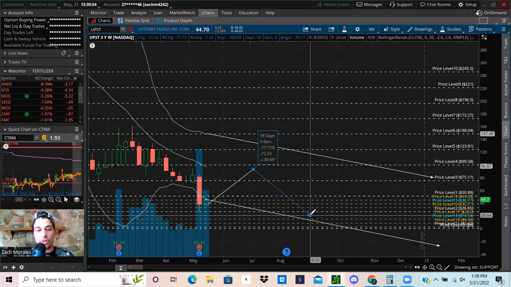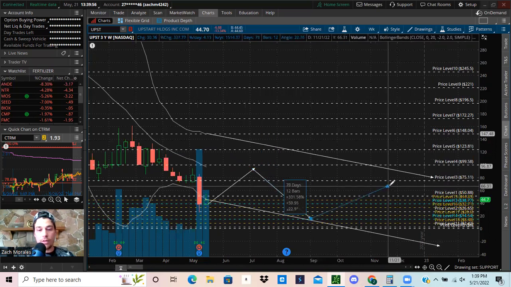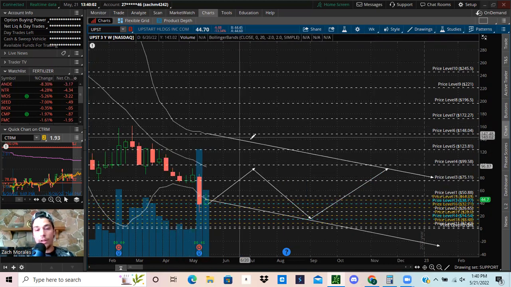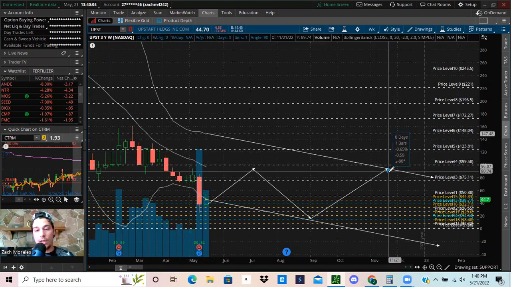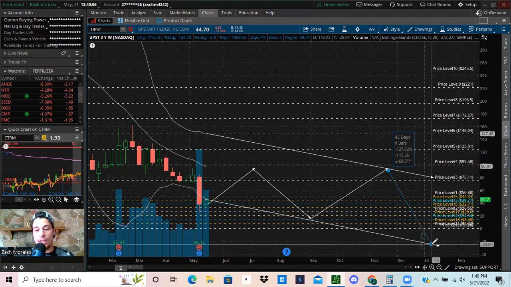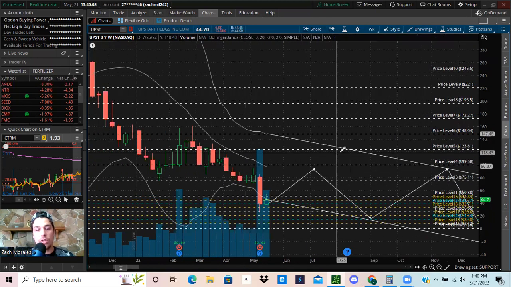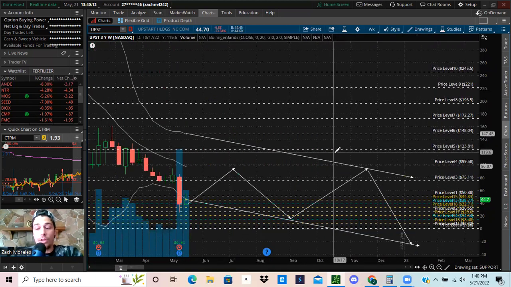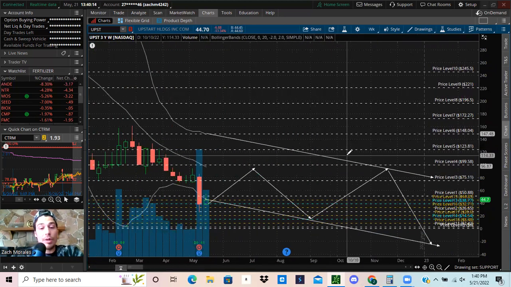Then we'll see it fall back down and get rejected around the Bollinger Band here. It may break past it and come up, but this top Bollinger Band is going to be our area where we see some resistance and then come back down. And I just see a downtrend continuing on UPST, at least for the rest of 2022, possibly into 2023.